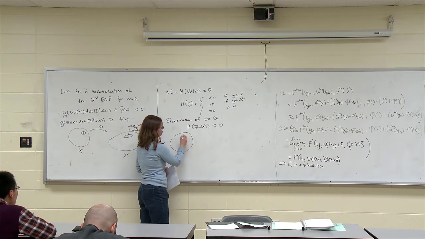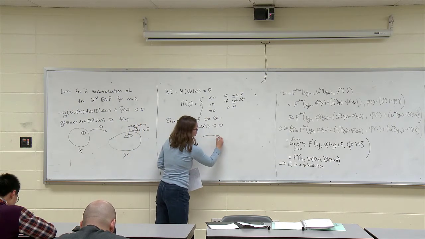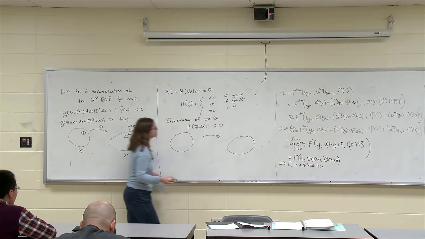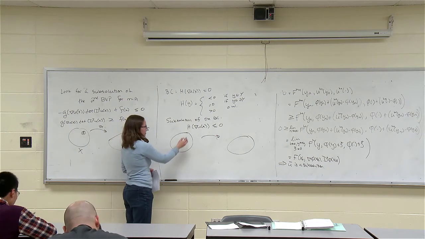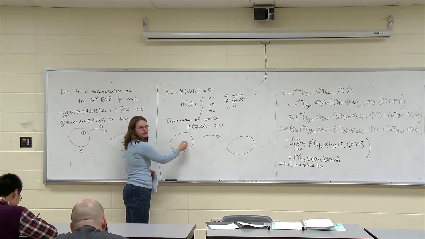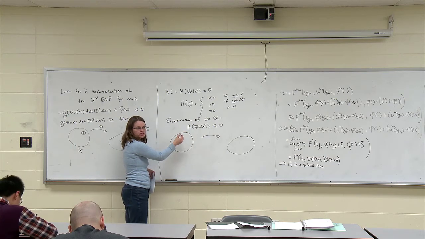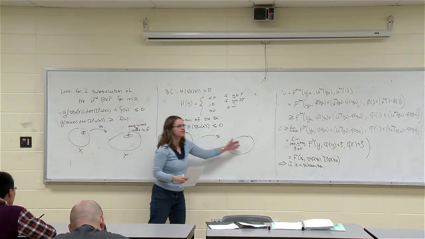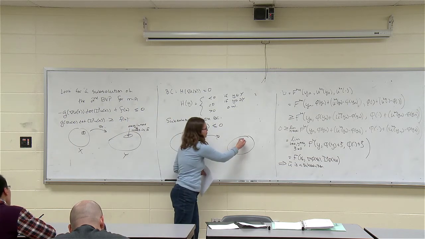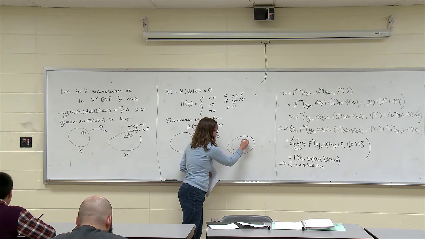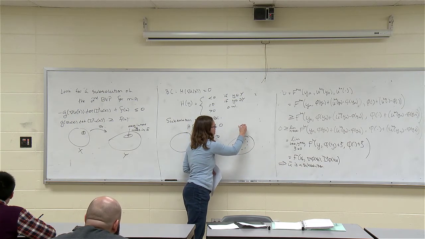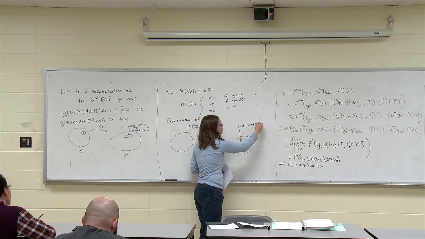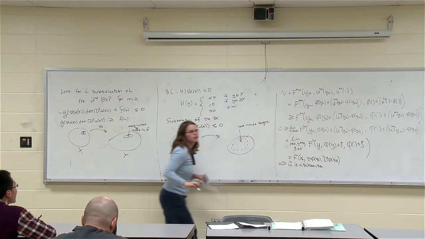Start on the boundary. Here's our target. Anytime we start on the boundary, if h is less than or equal to 0, that means we land inside the target. Right? We're forced to land inside the target. And we're somehow underproducing mass here.